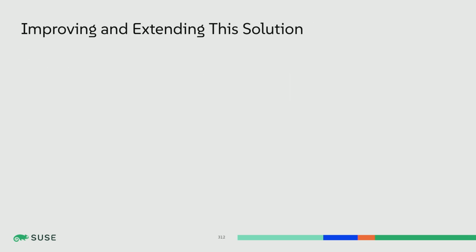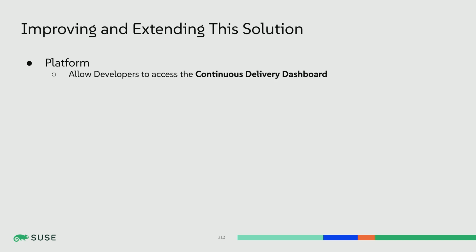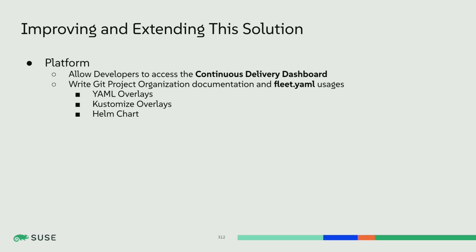And for improving and extending the solution, for the platform, allow the developers to get access to the continuous delivery dashboard to let them know if their synchronizations are done or not. Give them some documentation to understand how to use YAML overlay, Kubernetes Kustomize overlay, and Helm chart.